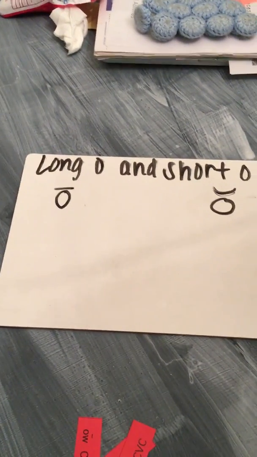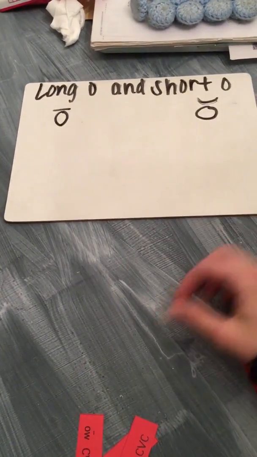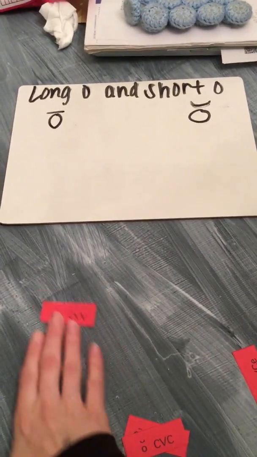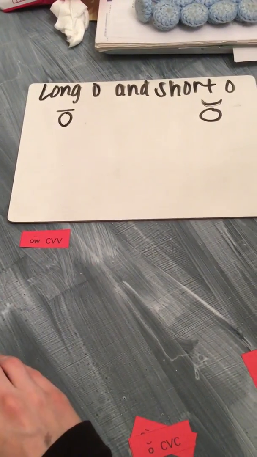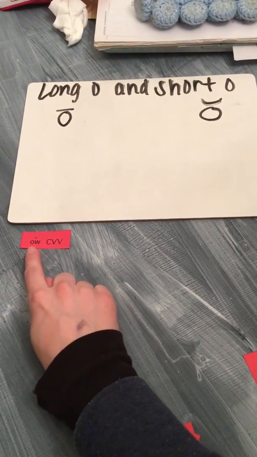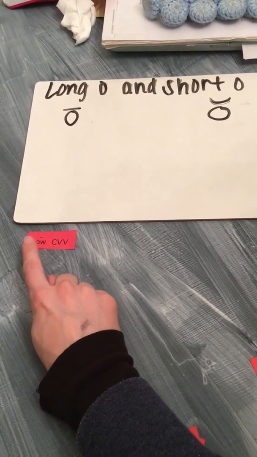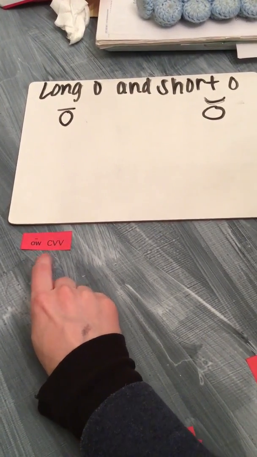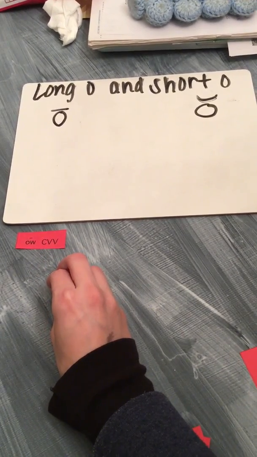So we're going to look at our four headings really quickly and begin our sort. So we have our CVV pattern, which is consonant, vowel, vowel. Notice that this W here is acting as a vowel in this case. It's kind of neat because of something called open and closed syllables.